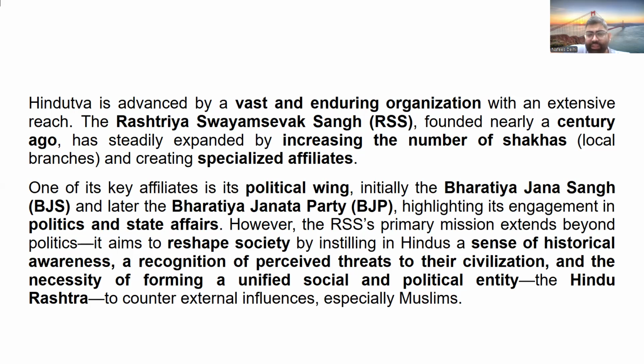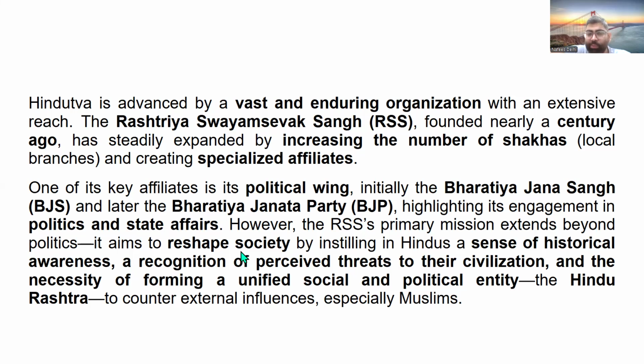One of its key affiliates is its political wing, the Bharatiya Jan Sangh, which became Bharatiya Janata Party in 1980. So Bharatiya Jan Sangh was created in 1951, and the party was rechristened Bharatiya Janata Party in 1980, highlighting its engagement in politics and state affairs. However, the RSS's primary mission extends beyond politics.